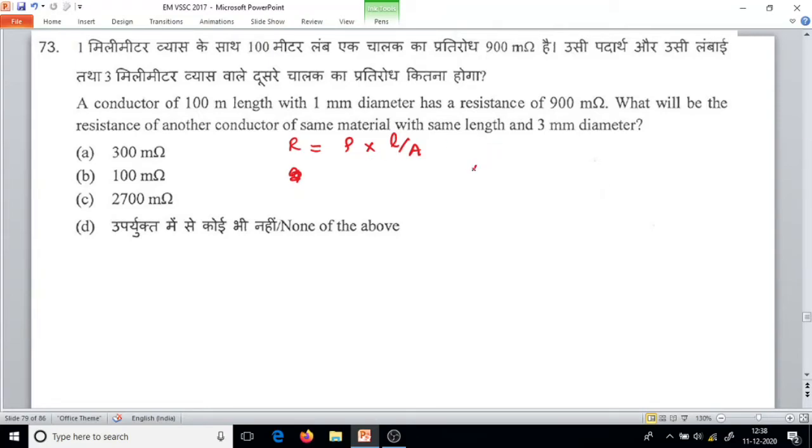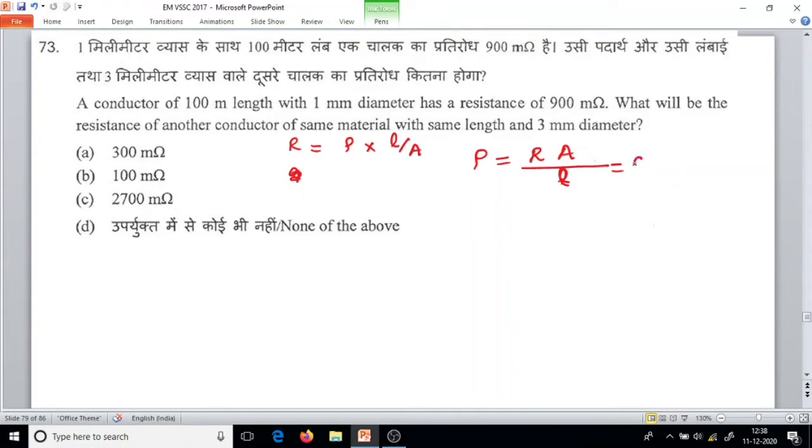So what is rho? Rho equals RA divided by L. Cross multiplying, L will come down and A will go with the R.